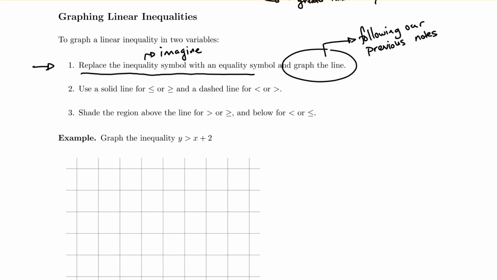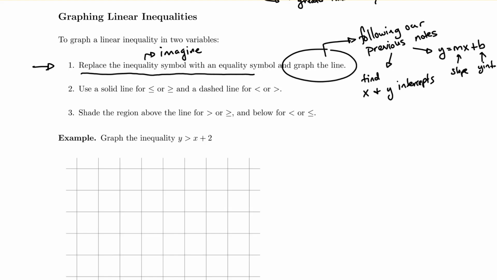And as a quick reminder, whenever we're graphing a straight line, we kind of talked about 2 ways to do it. We could either find the x and y intercepts, or we could graph, if it is in the slope-intercept form, by using the y equals mx plus b, seeing the slope, and seeing the y-intercept.